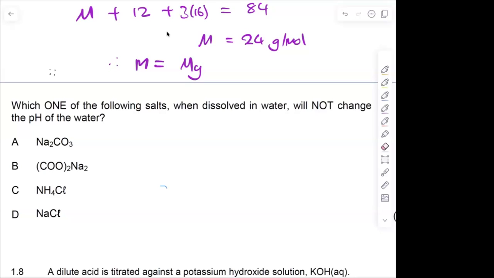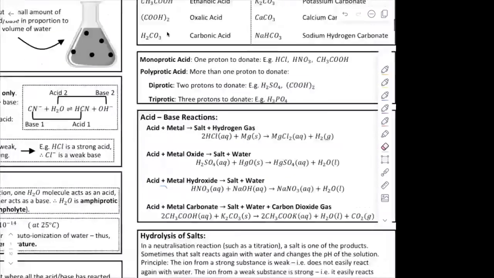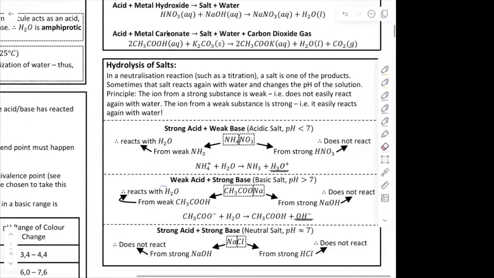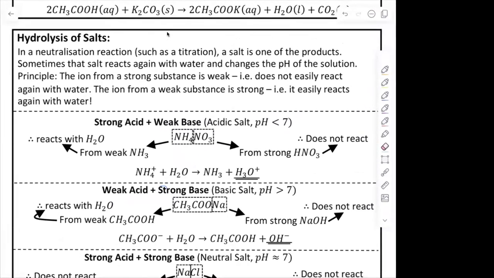I'm going to do a quick little recap from our notes from earlier, on the hydrolysis of salt solutions. Remember, why does it happen? In a neutralization reaction, there's a product that is a salt, and sometimes that salt will react again with the water and change the pH of the solution.